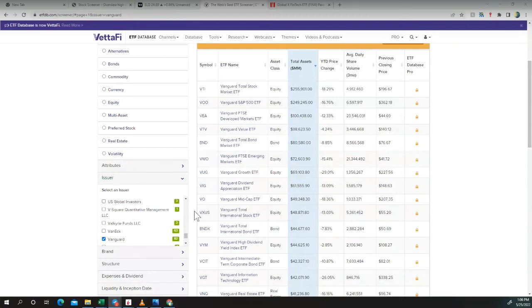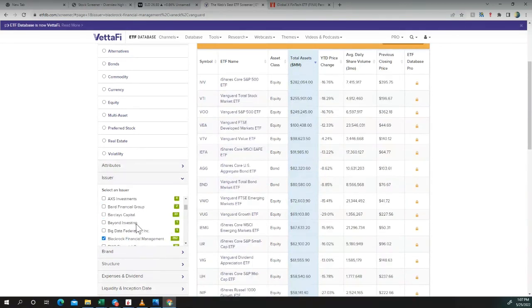But for me, I like Vanguard. I like Van Eck. Van Eck is a good company for ETFs. I like, what is this other one? iShares, which is under BlackRock. So we go back up to B. BlackRock gives you more of iShares. Invesco is a good one. This one right here, Invesco.